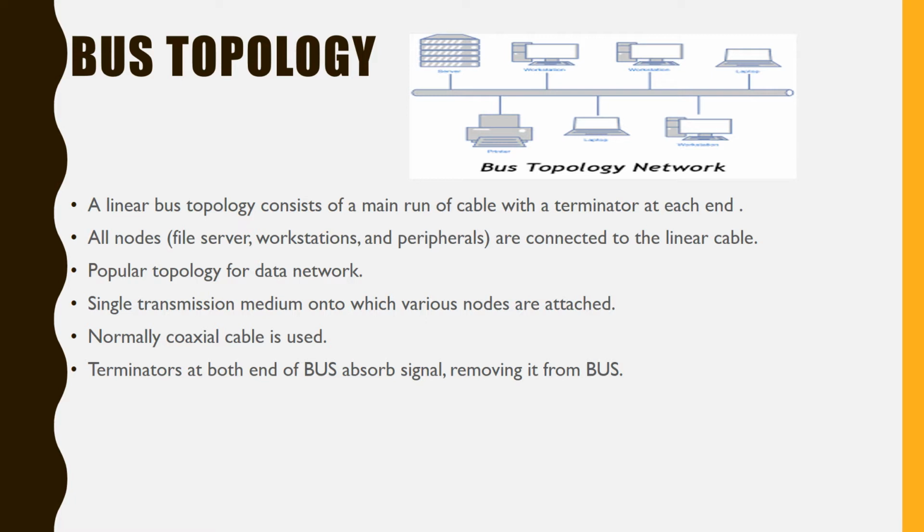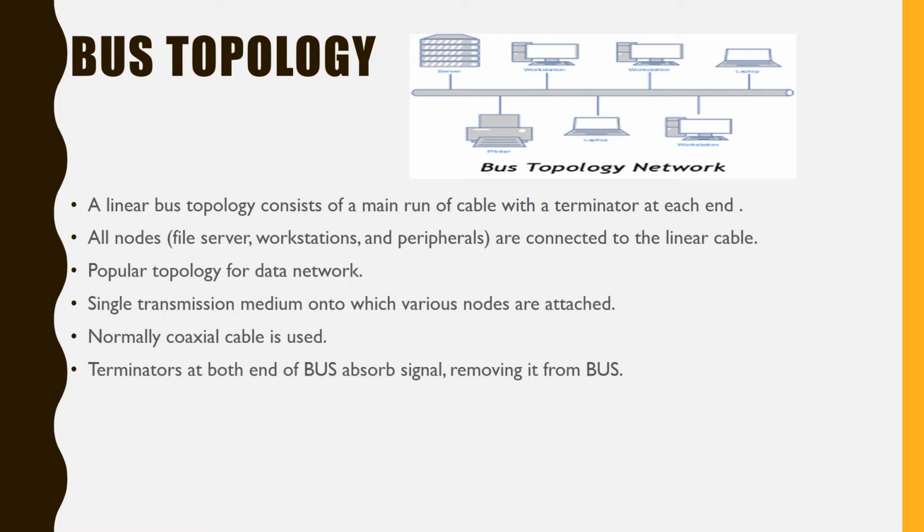Bus topology is also known as a linear bus topology, in which a single wire is running through the whole of the network and all the nodes are connected to this single wire, and on either end of this wire we have nodes, servers, and other peripheral devices.